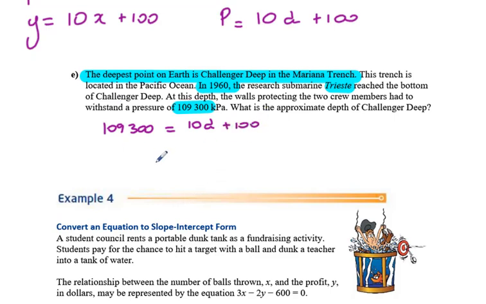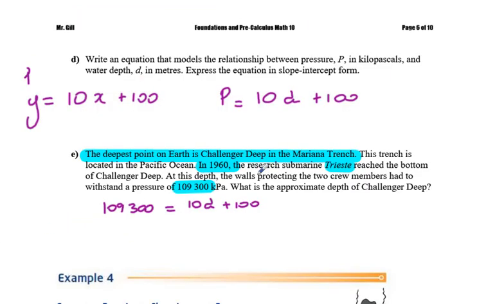We're going to subtract 100 from both sides. That's the first thing to do. That leaves us with 109,200 equal to 10 times d. All I did there was subtract 100 from both sides. It hardly changed the value on the left, did it?